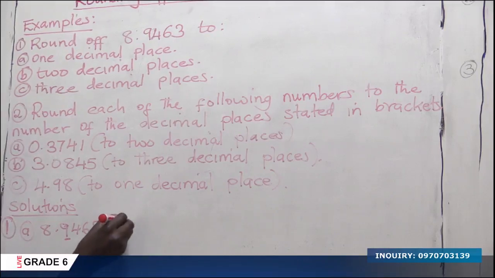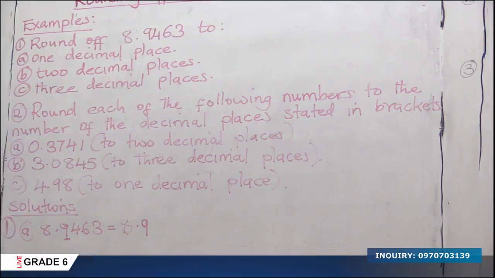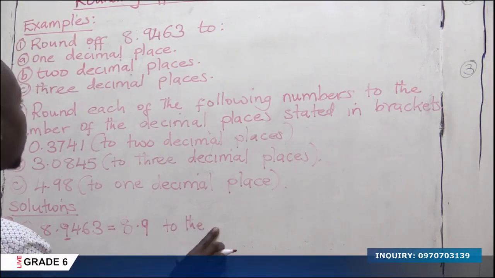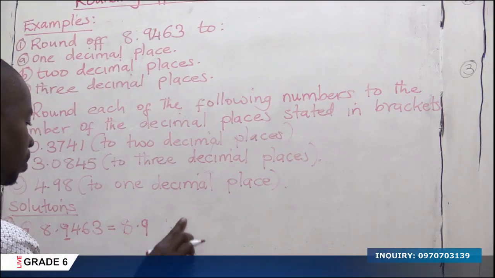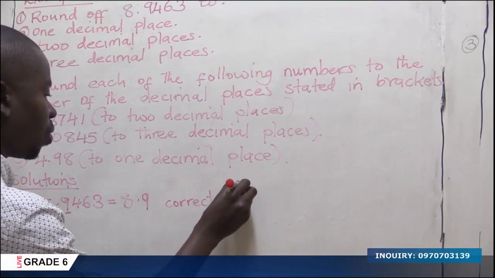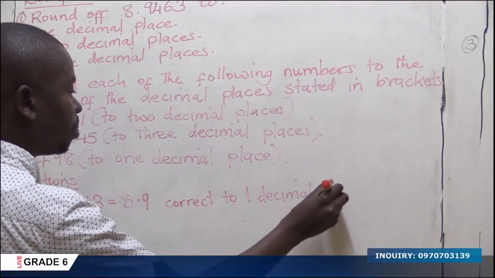So our answer will be 8.9, meaning that the other numbers will be eliminated, because the next number is between 0 and 4. So it will be 8.9 correct to 1 decimal place.